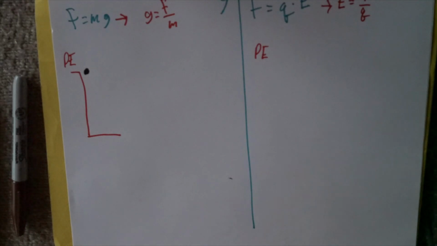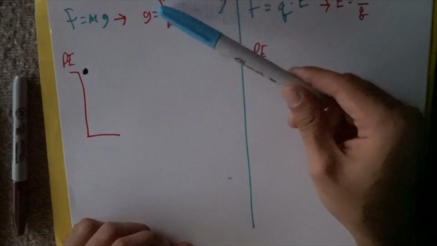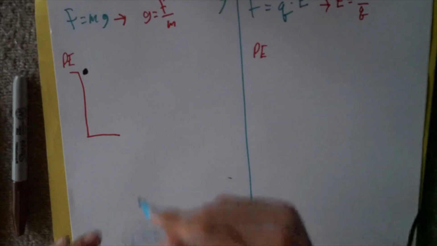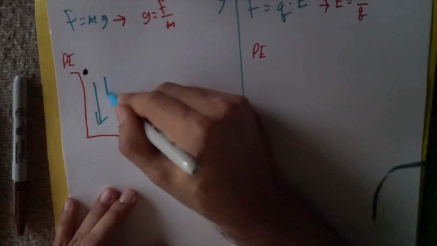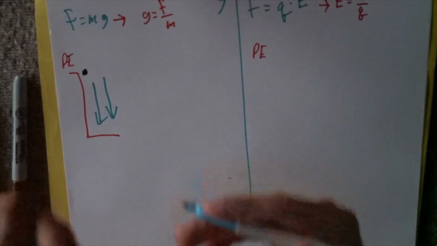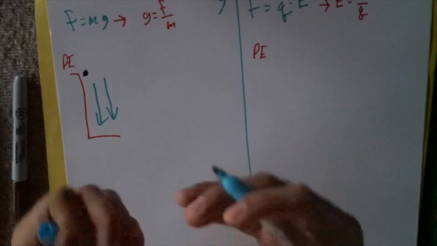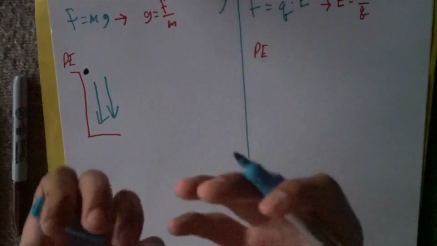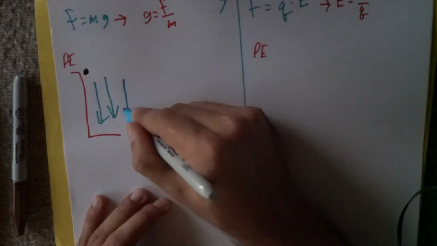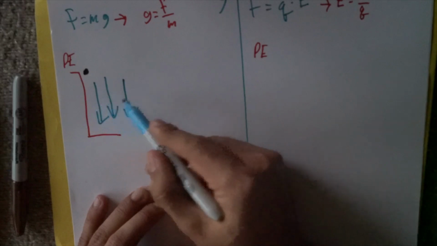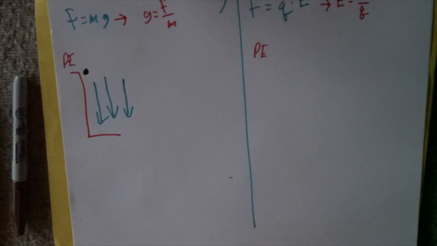Okay, if I let go of that object, where is it going to want to go? Is it going to want to go up at all? No, of course not. You all know it's going to want to go down. And this is the direction of that field where it wants something with mass to go. So this field wants to move this mass in that direction. Hopefully you can see that. So this represents the gravitational field, okay? And this represents the mass, some object.